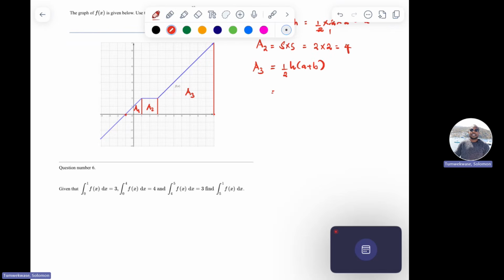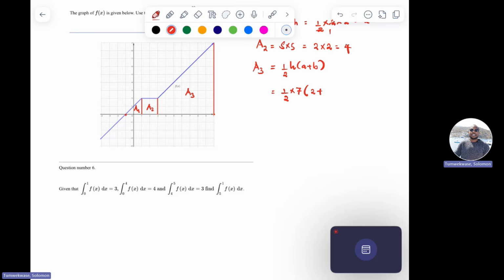So this is a half h, and h is all the way from 3 to 10. So from 3 to 10, that is 7. So times 7 into a is this side here, which is 2. Then plus b is the longest side, which is from here up to 9.